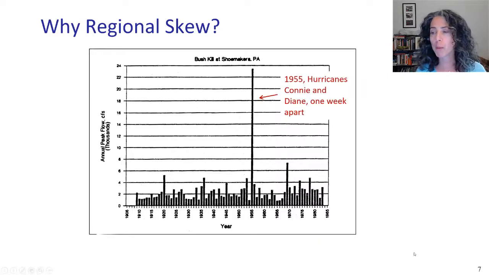Well, you probably guessed that there was a really big event here in 1955. In fact, this was 2 hurricanes back to back, only a week apart, Hurricanes Connie and Diane, that caused this really large event in that watershed. So this was what caused the jump in the computed sample skew coefficient. We suddenly have a really big tail on our data and got a very large computed sample skew.